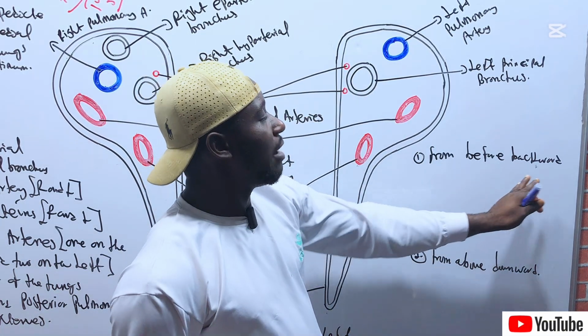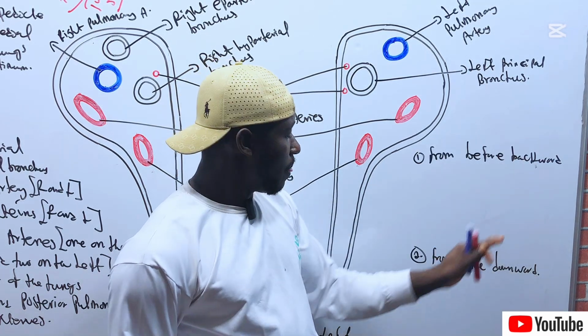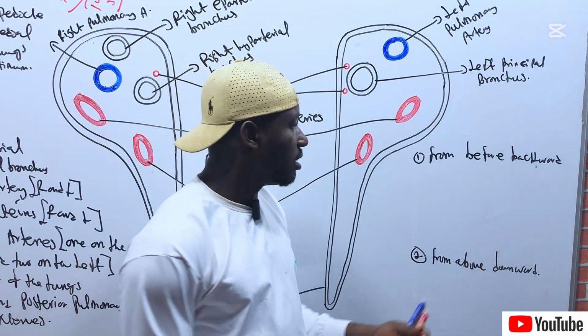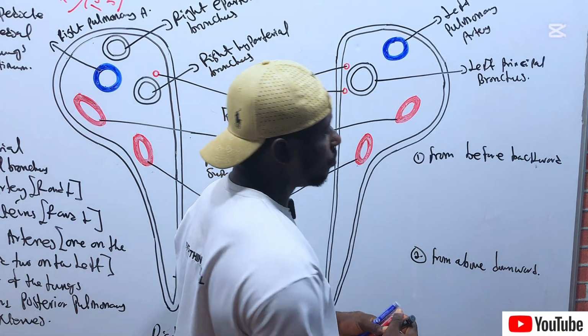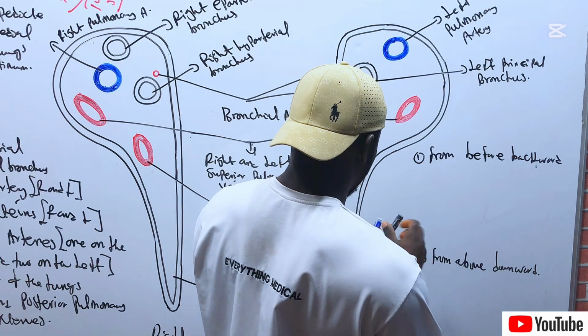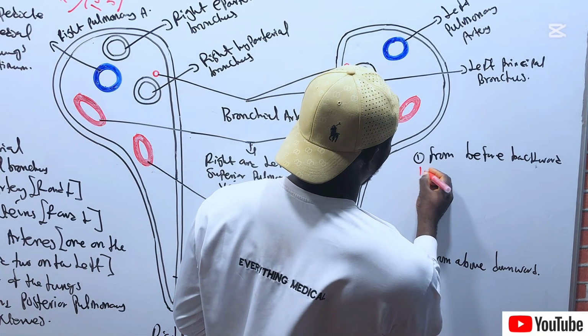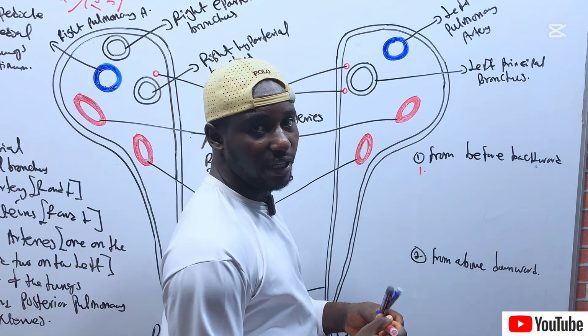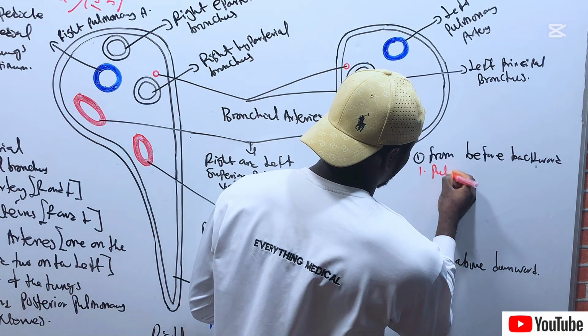Now, from before backward, we have components that form it. Now, from before backward, we have three components. Number one is the pulmonary vein.